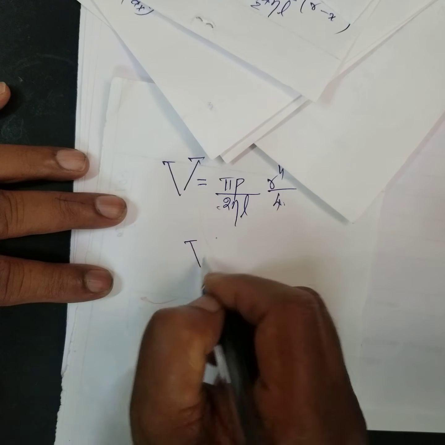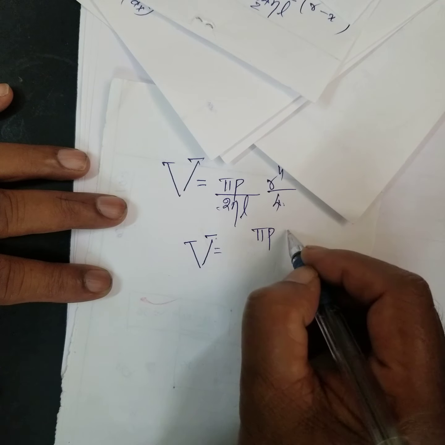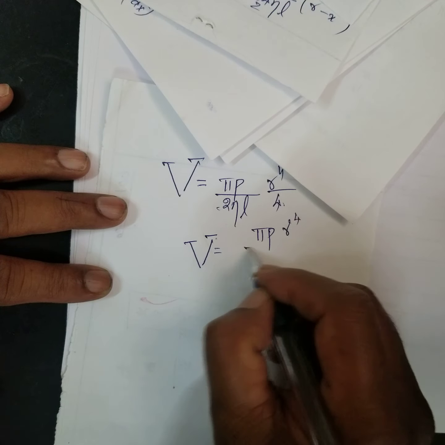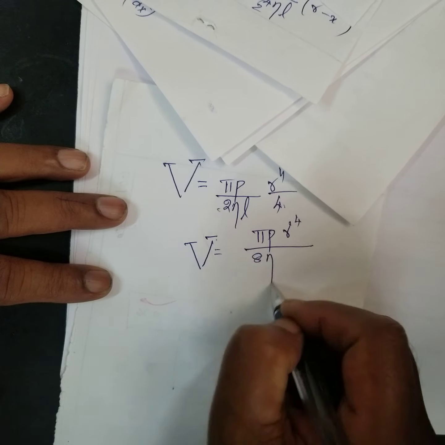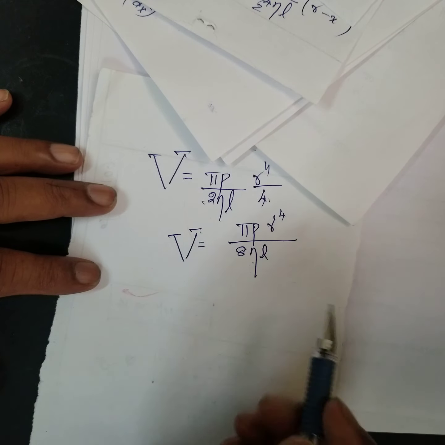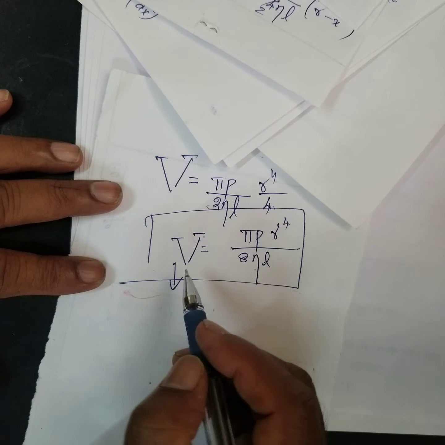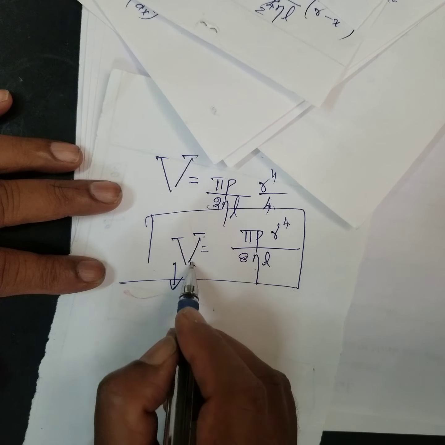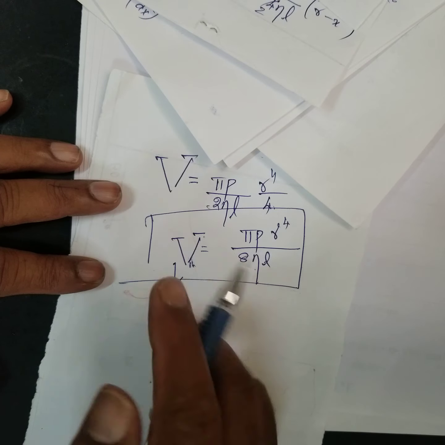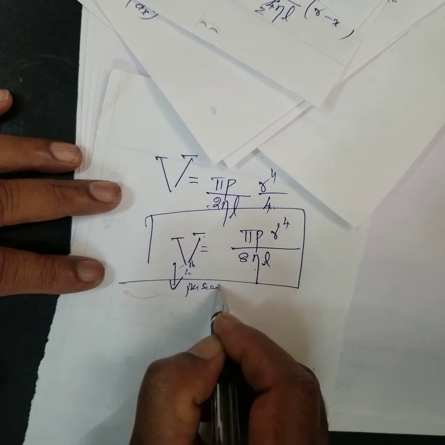Therefore, V is equal to pi p r to the power of 4 divided by 8 eta l. I remember like that only. Okay, you got it. This is the volume of the liquid passing through the whole tube per second. Per second is important.